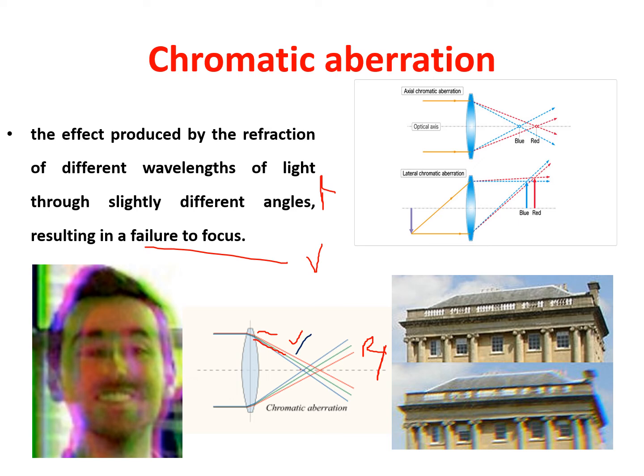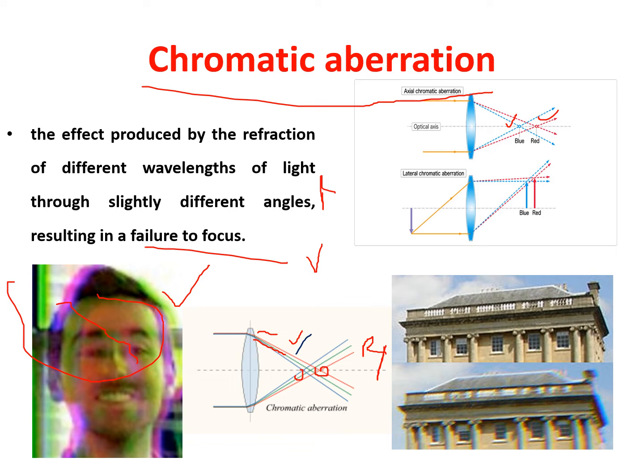So violet has a different wavelength when compared to red, so it cannot focus on this particular point. So your image will be appearing in this distorted manner. Like this image will appear. Okay, this is about chromatic aberration. See here, this violet color and this one is red color.